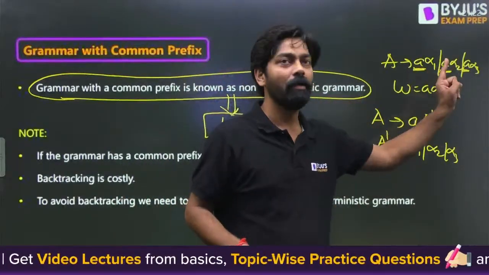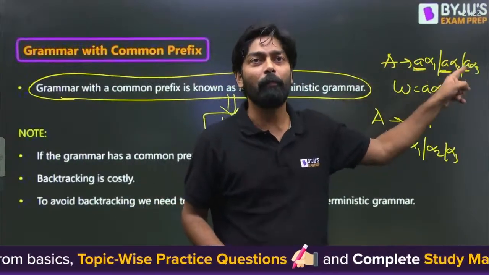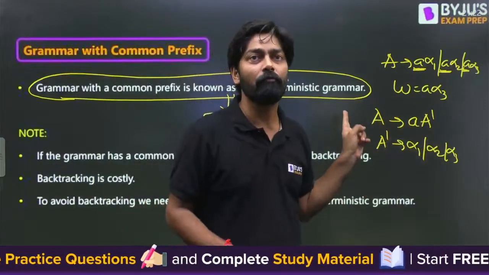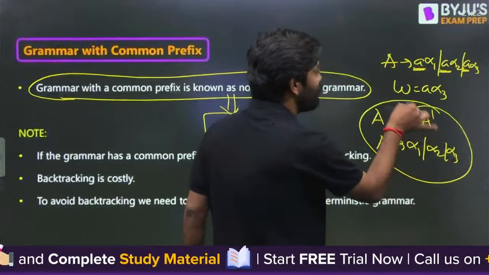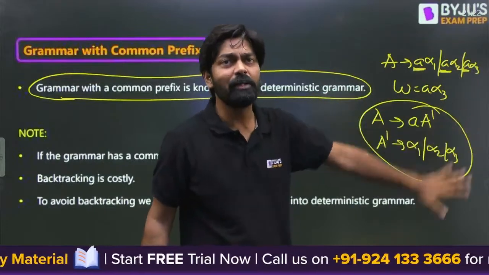All are fighting here. If there is fighting, it means we have a problem of common prefix. So we need to make it left factored, we need to make it deterministic. So we convert it in the deterministic way. This grammar was non-deterministic, and now we have converted it into a deterministic grammar.